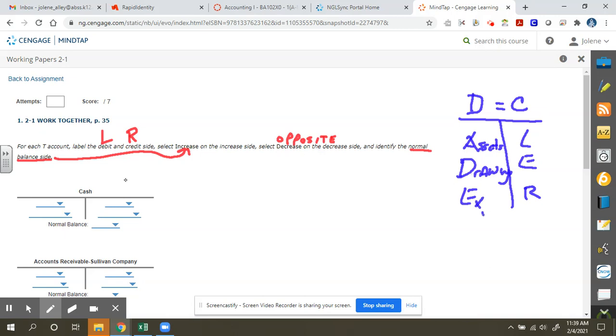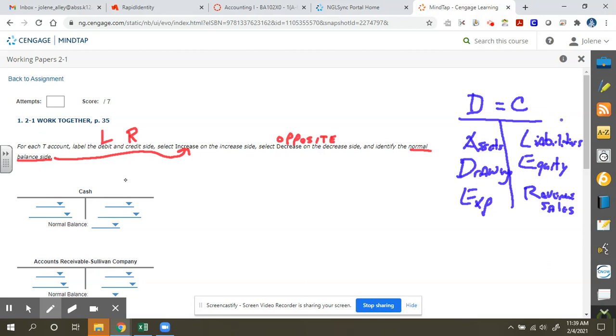And then this is expenses, like your phone expense, your electricity expense, because you have to pay for stuff to run your business. This is your liabilities. Your equity, your owner's equity, or your capital account, and this is your revenue, also known as sales.